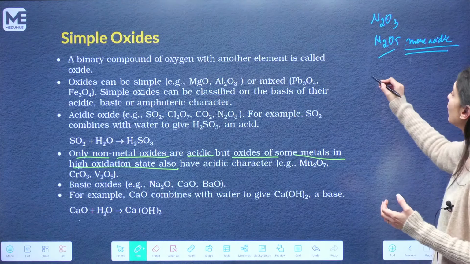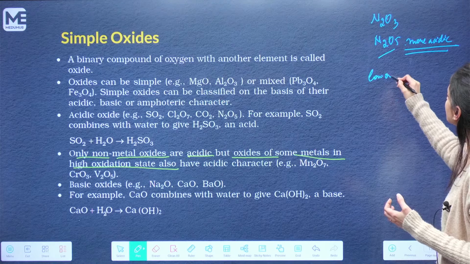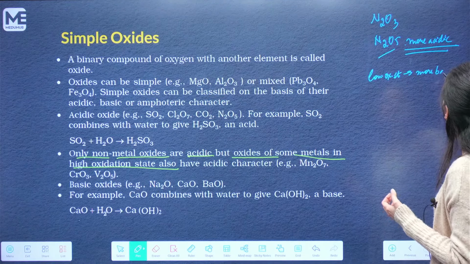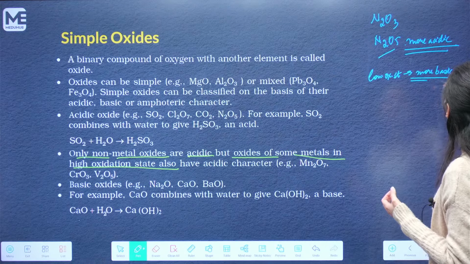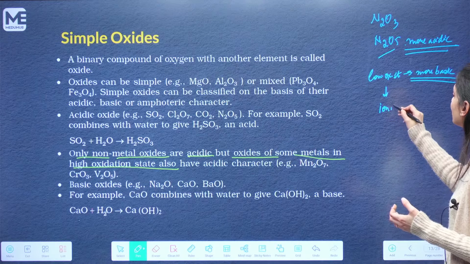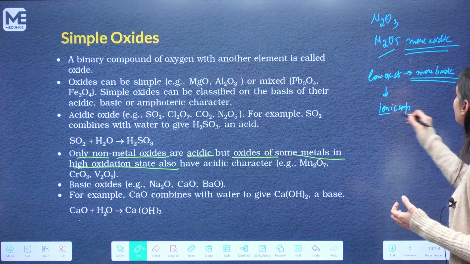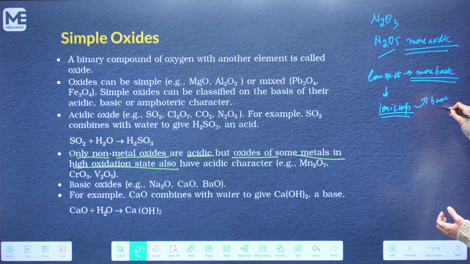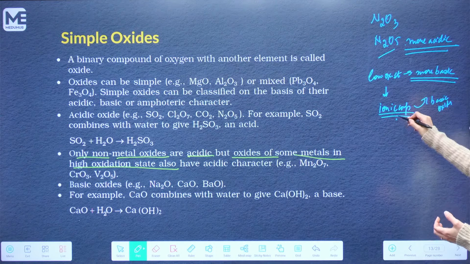Or we can say that the oxide in the lower oxidation state will be more basic, because lower oxidation state would favor the formation of an ionic compound, and an ionic oxide is a basic oxide. This is from Fajan's rule.